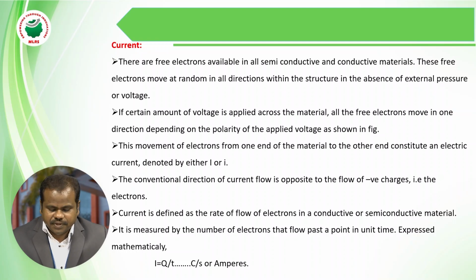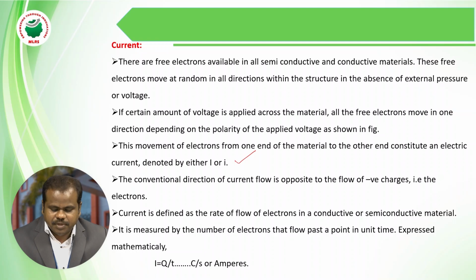This movement of electrons from one end of the material to the other end constitutes an electric current denoted by the letter I. The conventional direction of current flow is opposite to the flow of negative charges, that is the electrons. Therefore, we can define current as the rate of flow of electrons in a conductive or semiconductive material.